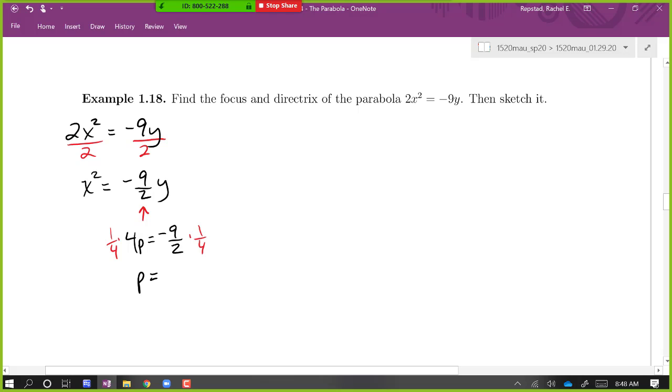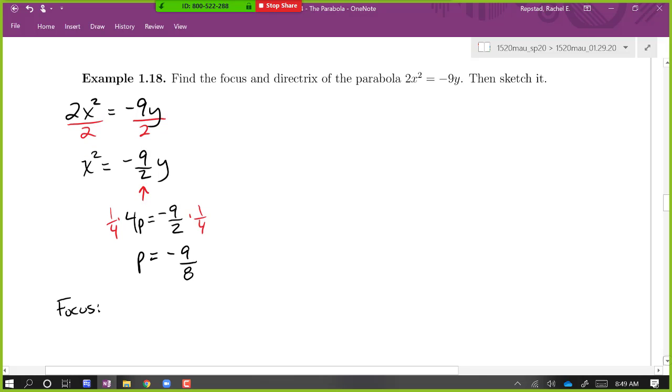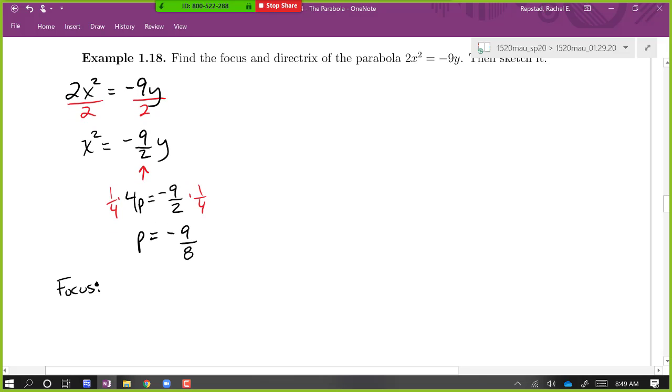Which way does this open? Downward, yeah. If p is positive, it opens upward. If p is negative, it's going to open downward. What's our focus? And the directrix? Yeah, good.